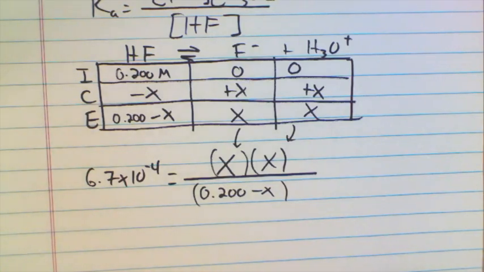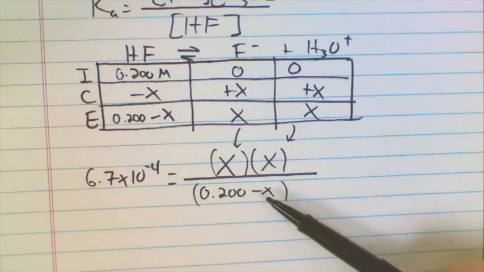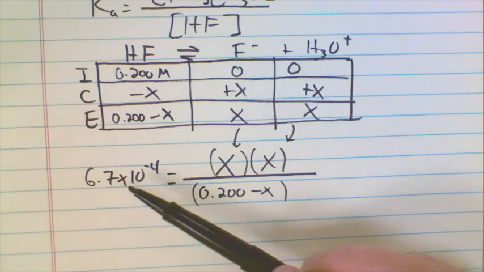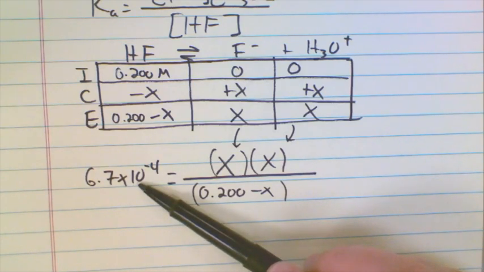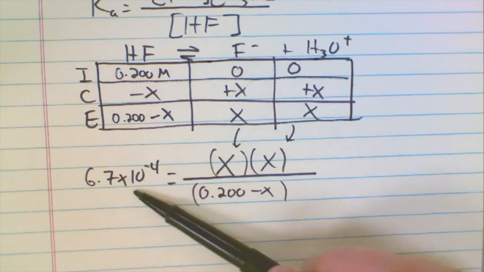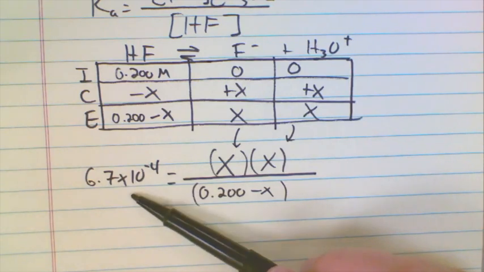So you have two ways of going forward at this point. One way is really a lot simpler. This x value, because this is such a reactant-favored equilibrium expression, remember reactant favored versus product favored, bigger than 1 versus smaller than 1.